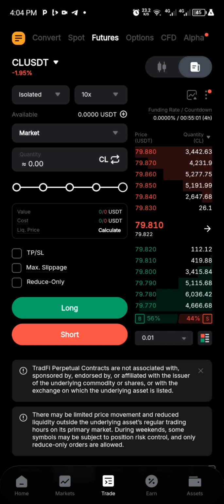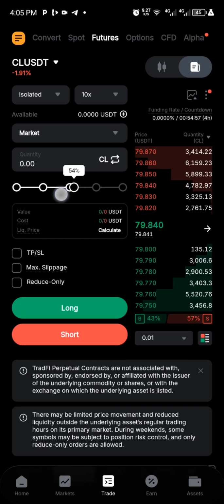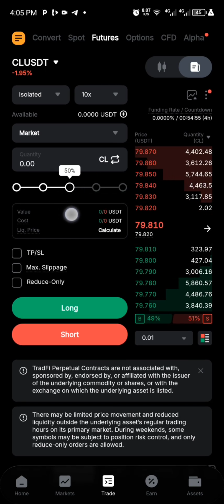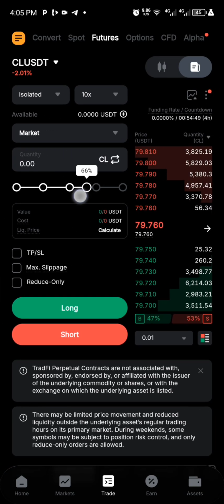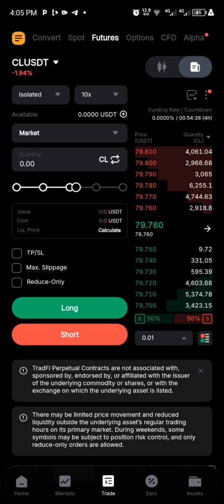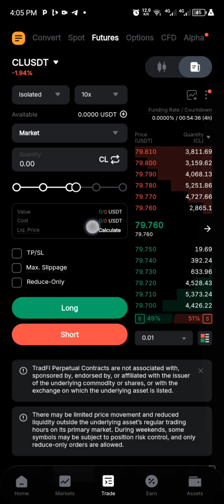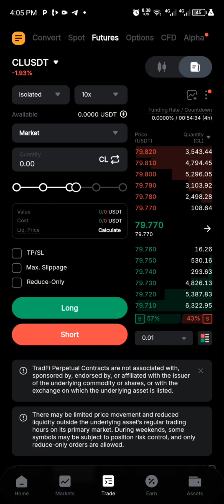You can choose all your money, 50% of the money, or any amount of risk that you want to take. Forget about this quantity. When you do this, the quantity is going to adjust by itself, so you don't have any issue trying to calculate what quantity you want. Your eyes should just be on your own money, and that is sorted.